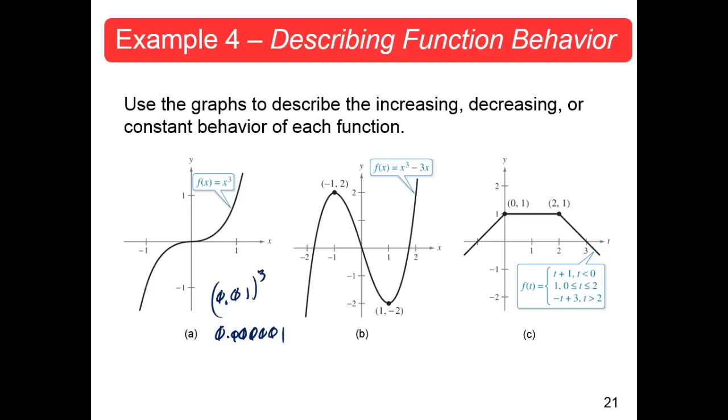Okay, how about that B1? How would you describe the behavior there? Oh, let's actually write that down. Use the graphs to describe increasing, decreasing behavior. So this is increasing from minus infinity to infinity. The B1, what would you say?